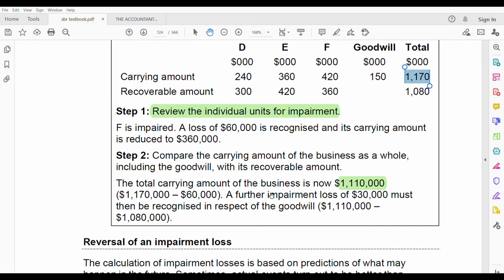A further impairment loss of 30,000 must then be recognized in respect of the goodwill. Why is it so? From this carrying amount 110, you need to deduct this 108. This amount you need to deduct.